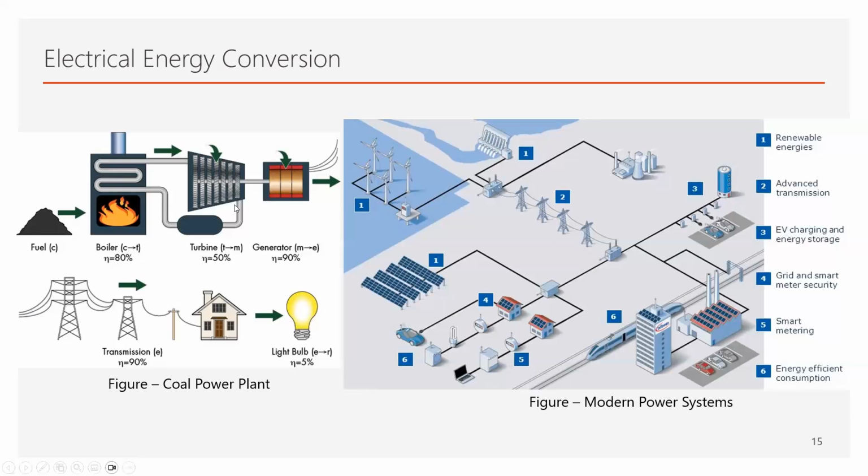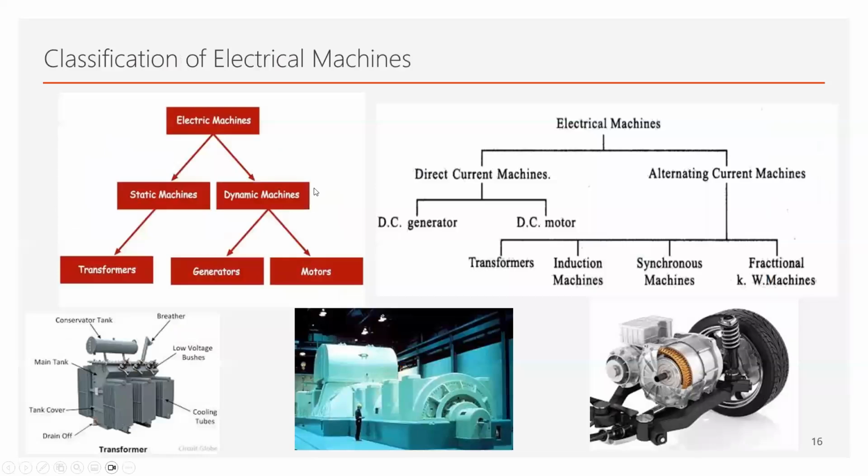A generator takes mechanical energy and converts it to electrical energy. A motor takes electrical energy and converts it to mechanical energy. So generator generates, motor rotates.